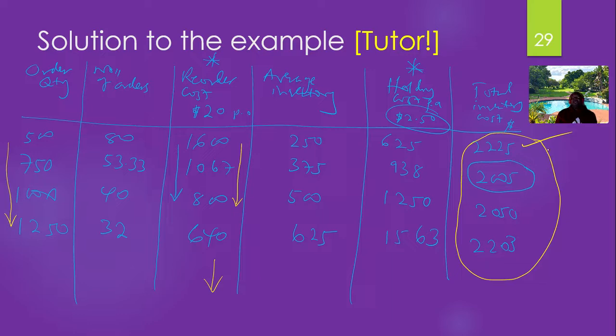But at 750 the price had lowered to 2,005, and then it started to increase again when we were ordering 1,000, and continued to increase when we were ordering 1,250. So that tendency, that's the total cost column.